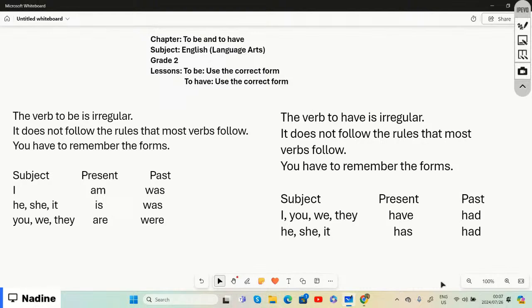So the verb to be and the verb to have is irregular. And remember, when the verb is irregular, it means that there's no rules that we follow, like you must just add an ed or a d in order for the verb to change. So if it's irregular, there's no rules that it follows, you're just going to have to remember its form.